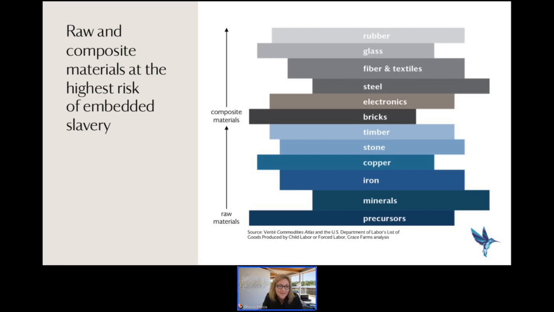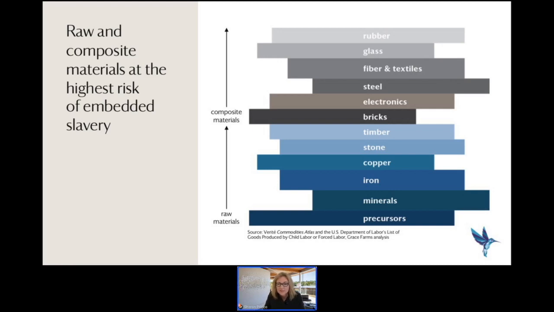Former Ambassador to Monitor and Combat Trafficking in Persons, Luis CdeBaca, was part of our team and helped to put this together. At the beginning, we published a report that you can find online at designforfreedom.org. That does include establishing the beginnings of the movement and this list of materials that we started off with.